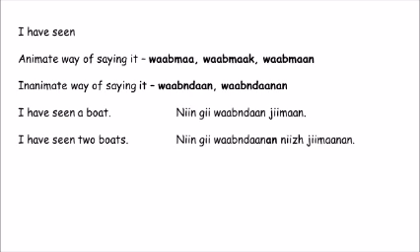Ni gi waabndaanen nish jimanen. Like I said, for more than one, you have to put an AN to make that waabndaanen sound. You could use that with anything that is not alive, in an inanimate statement.